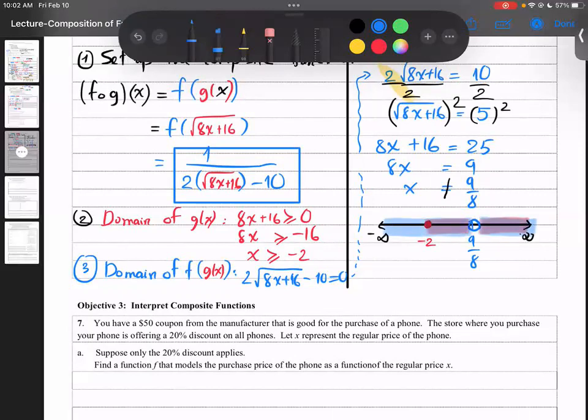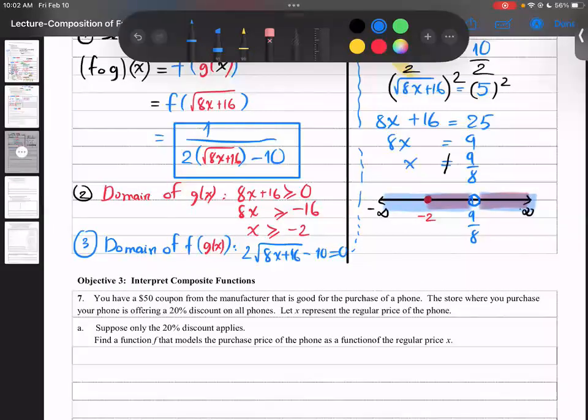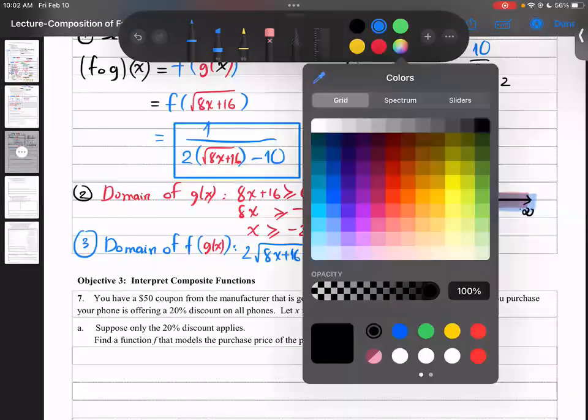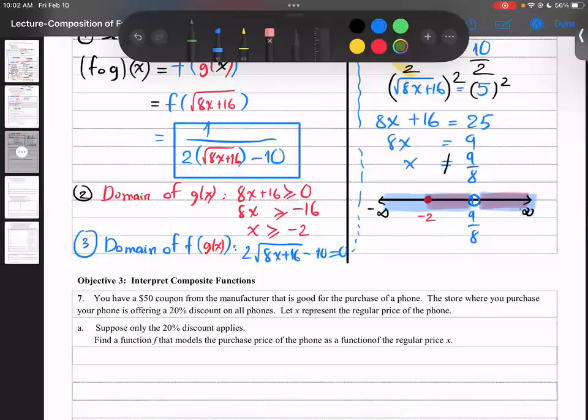Yeah, so the darker shade will be from negative 2 bracket, because you include negative 2, to 9, 8, right? Because we have to skip the 9, 8. Parenthesis union 9, 8 to infinity.